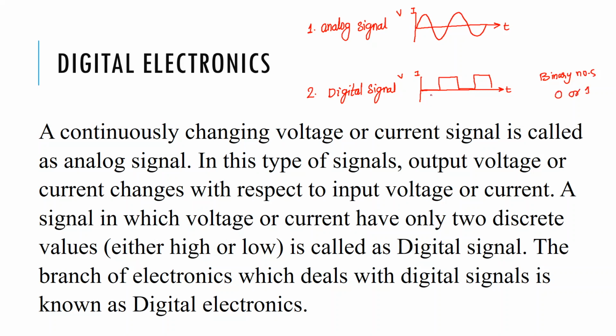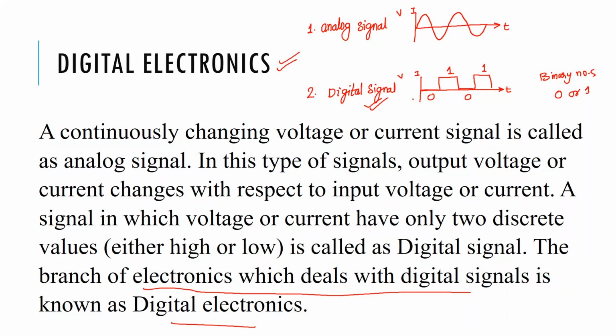The low signal is represented by 0 and the high signal is represented by 1. The branch of electronics which deals with digital signals is called digital electronics.